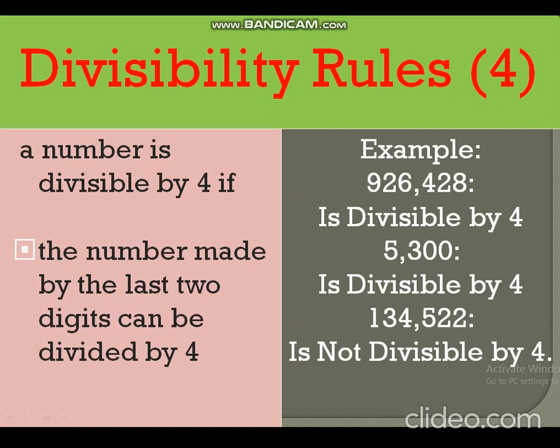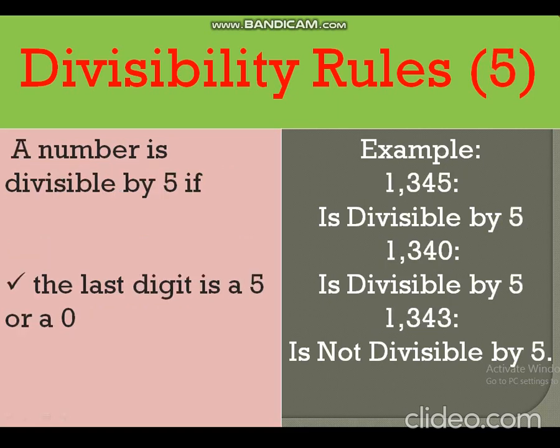According to the rule, I should take the last two digits, which are in tens and ones places respectively. So, now my tens place number is 2 and ones place number is 8. My two-digit number is 28, which is divisible by 4. Therefore, the number 26,428 is also divisible by 4.